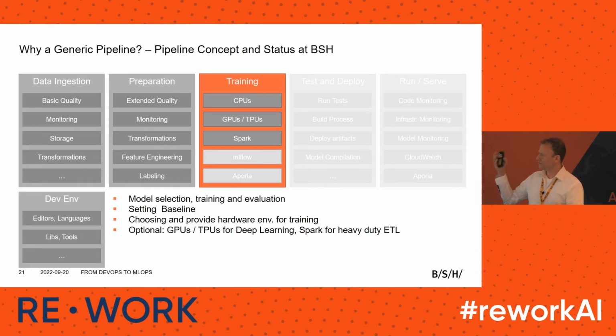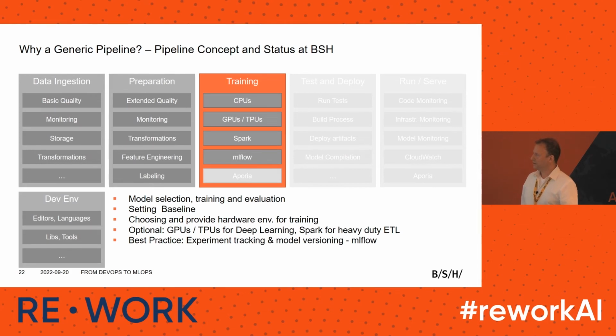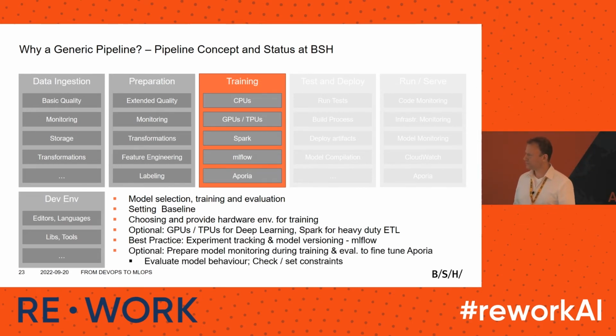For example, a GPU cluster that is getting fired up during the training and thrown away when the training is done to save cost. We also have Spark clusters for heavy-duty ETL processes. So here we currently use MLflow for experiment tracking and the model versioning that was mentioned earlier.